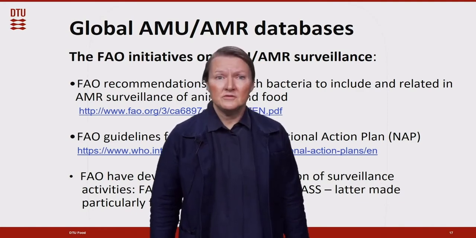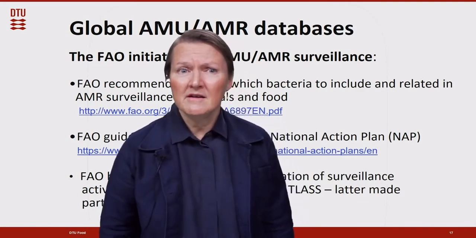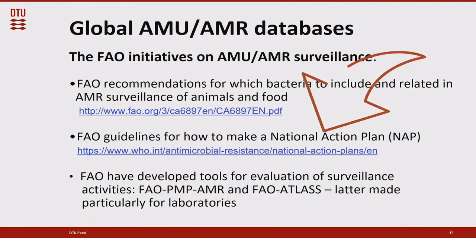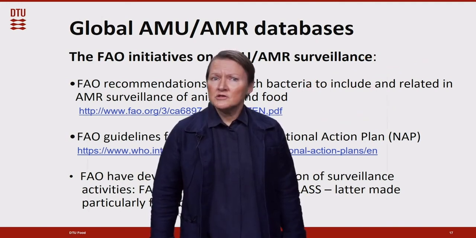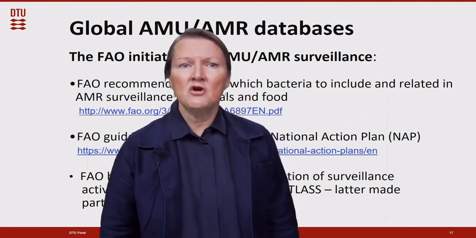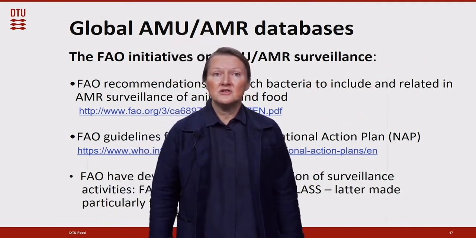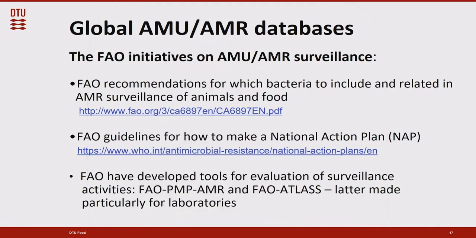The link for those guidelines can also be found here. FAO has just recently also developed tools for evaluation of surveillance activities, such as the FAO Progressive Management Tool for AMR and the FAO Atlas, the latter made particularly for evaluation of laboratories and AMR surveillance.